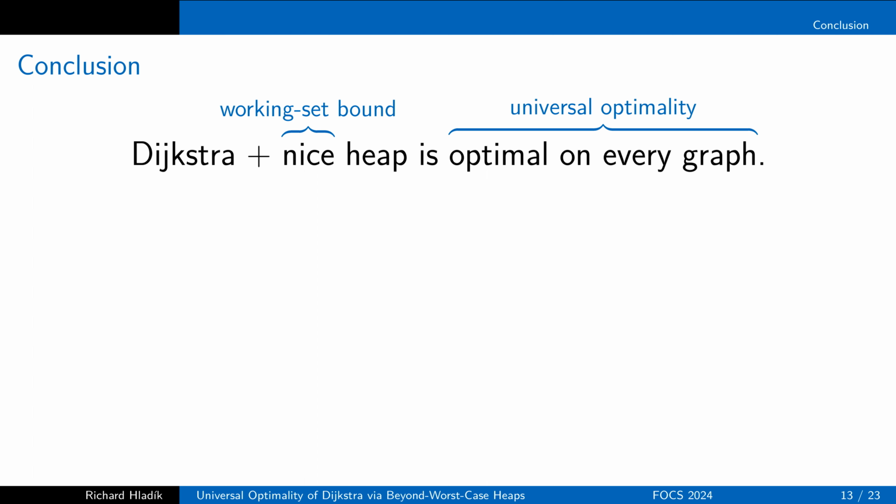I hope that I managed to convince you that there are still some new things that one can learn about Dijkstra, namely that one can tap into the long-standing research into beyond worst-case data structures to get an algorithm that's optimal on all graphs. This paper isn't about breaking some benchmarks or bringing some new techniques that are really powerful.